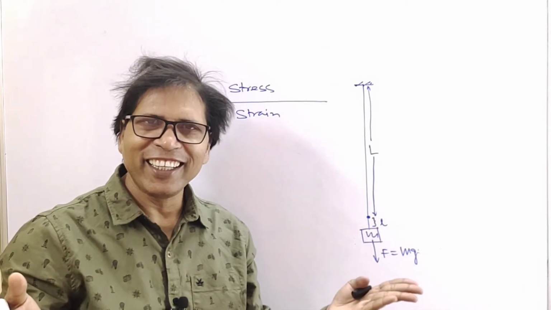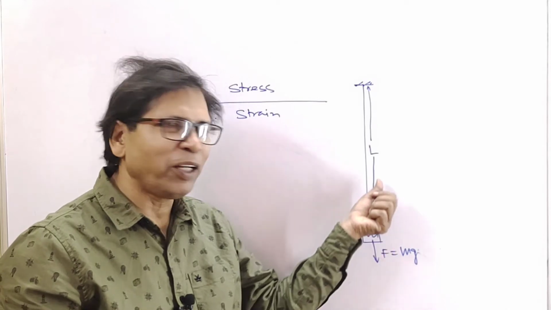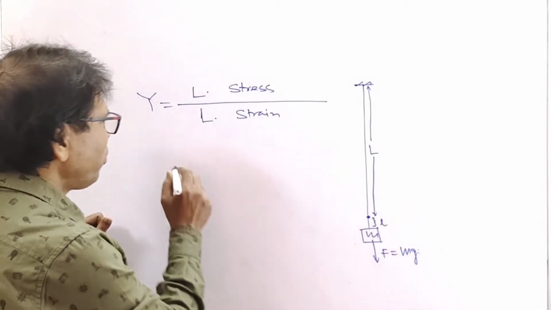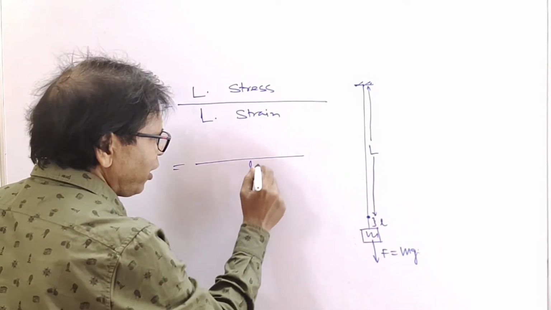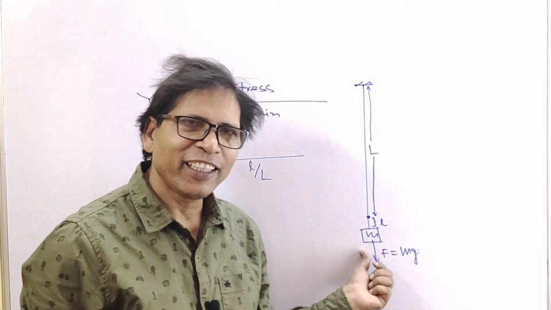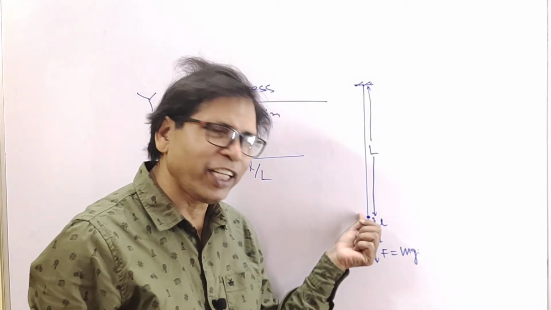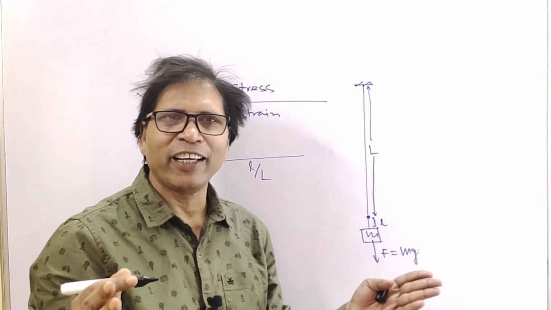So what is the strain? Strain is the increase of length divided by original length. So this is the increase of length by original length. What is the stress? Stress is the balancing force divided by area of cross section of this wire.